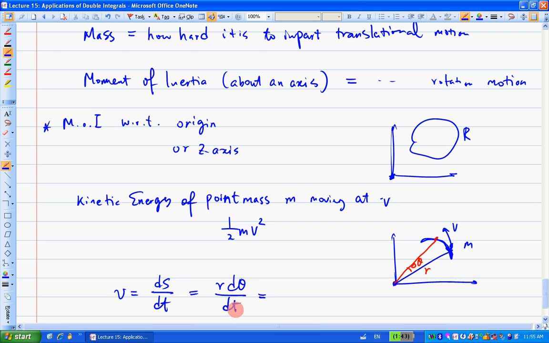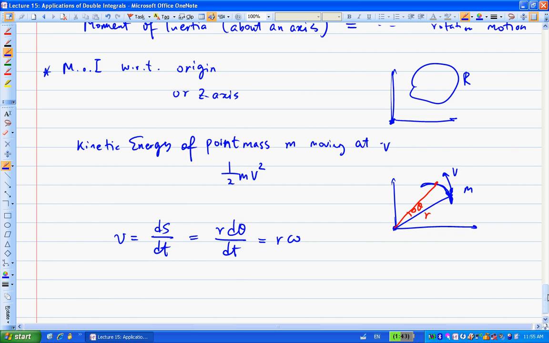And what is d theta over dt? It's the derivative of the angle, which is omega. So that's the v in terms of r and omega. Then my kinetic energy for this point mass, 1/2 mv squared, I'll replace the v with r omega, so 1/2 m r squared omega squared.